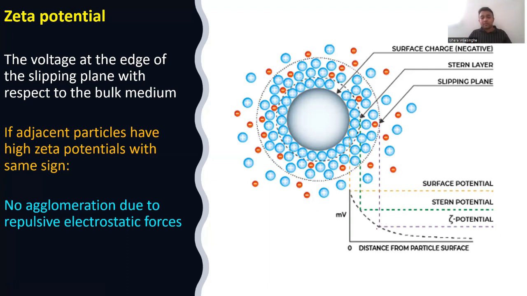The zeta potential is the voltage at the edge of the slipping plane with respect to the bulk medium.